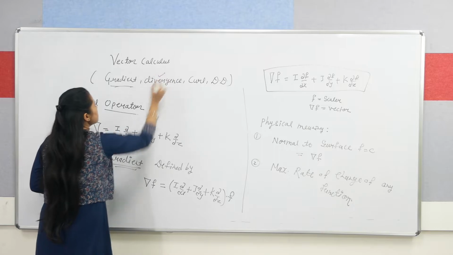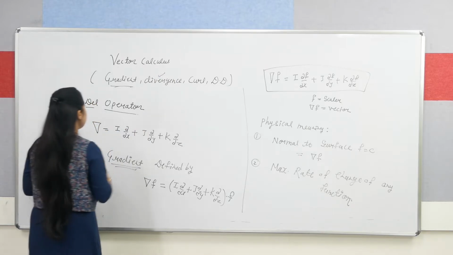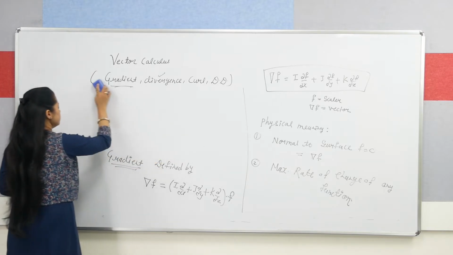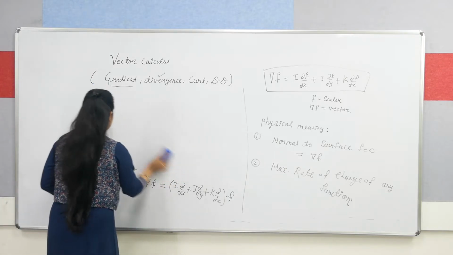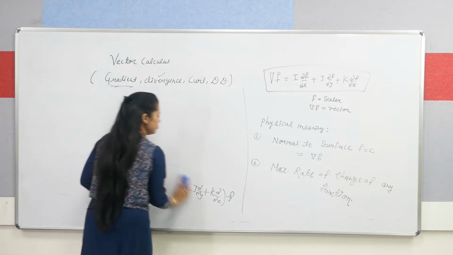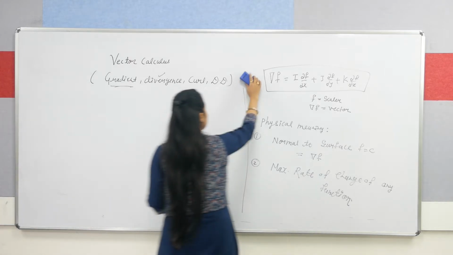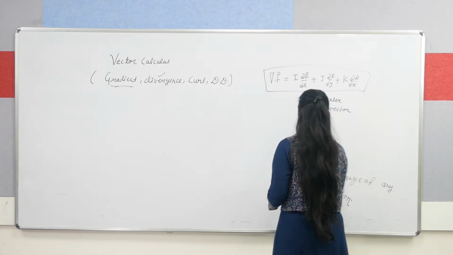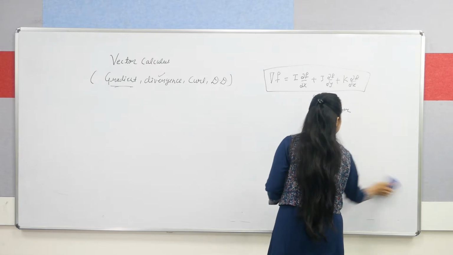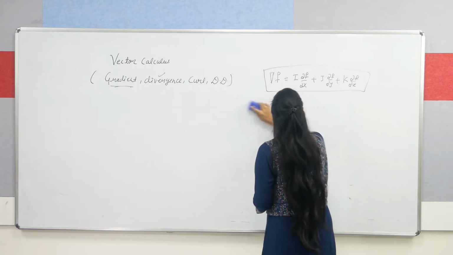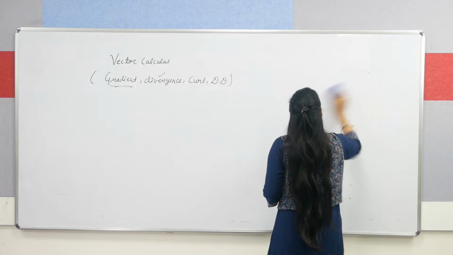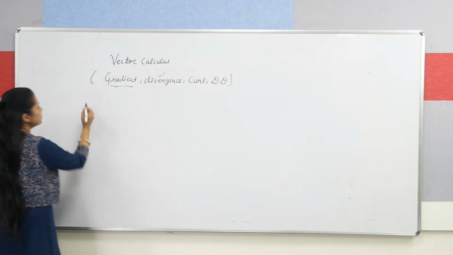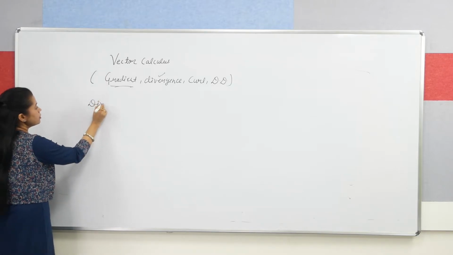Our next topic is divergence, how to find it and what it is. First we discuss all the definitions and physical significance, then we solve some examples.